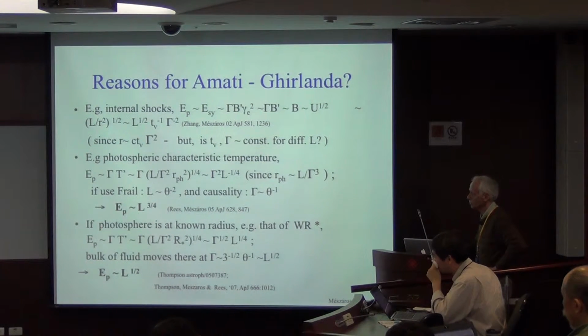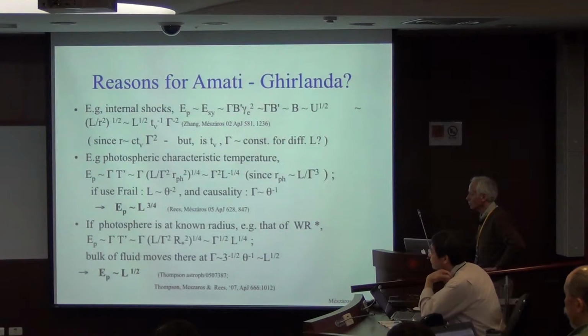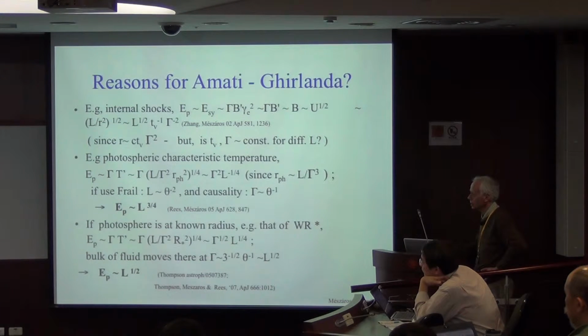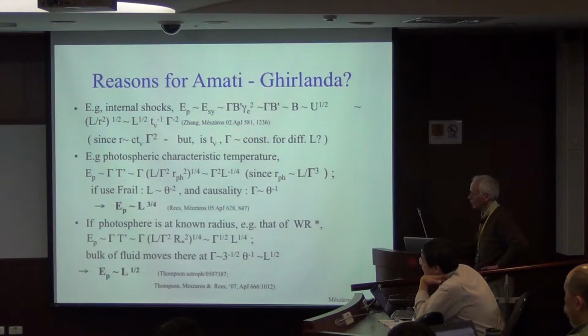Okay, that's why you have the 1/4 here. And so that's gamma squared L to the -1/4, because the photospheric radius goes as L over gamma cubed. Then, if you correct for the jet beaming, typically the luminosity goes as the angle of the jet to the -2 by causality. And so you would get that Ep goes as L to the 3/4. So that again is not good. In fact, you have some relationship, but it's not the right one.